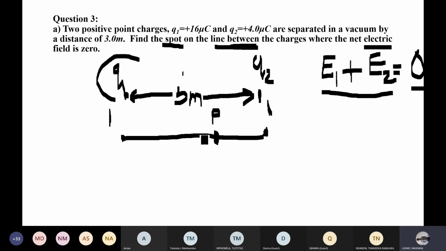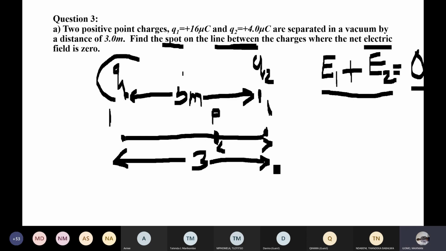So now, from Q1 to Q2, we know for a fact that the distance between these is 3. Now, you will need to know the distance between P and Q2.